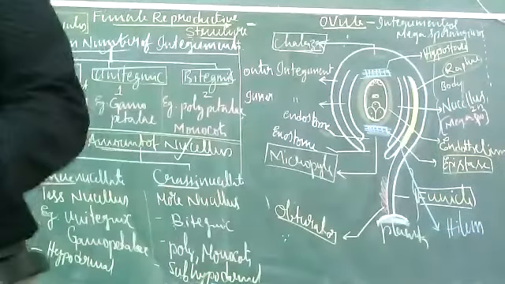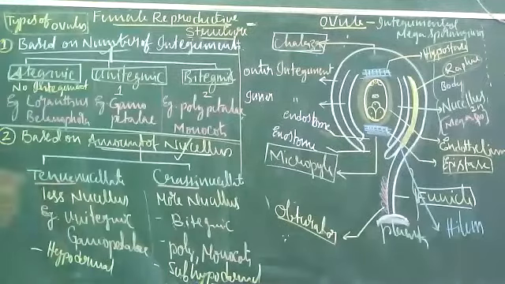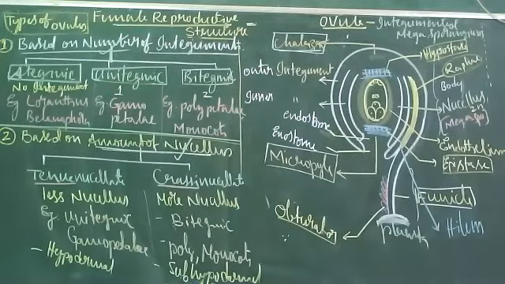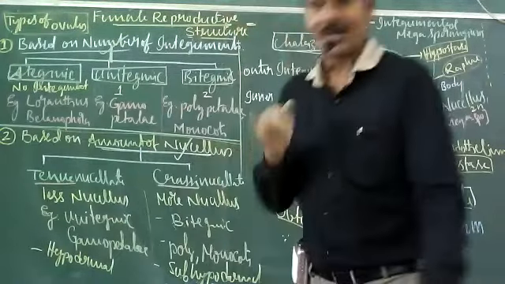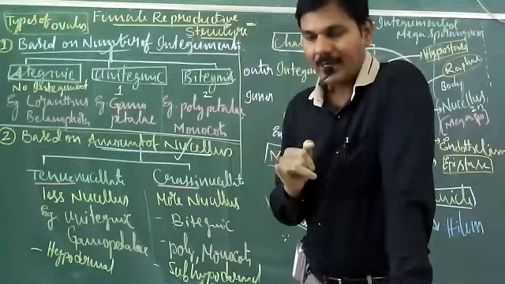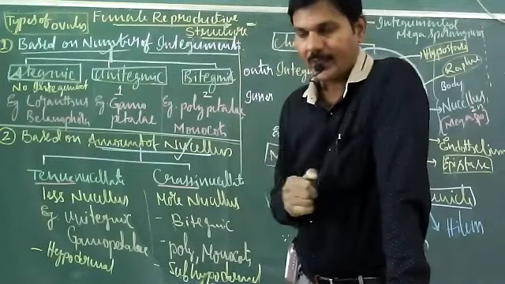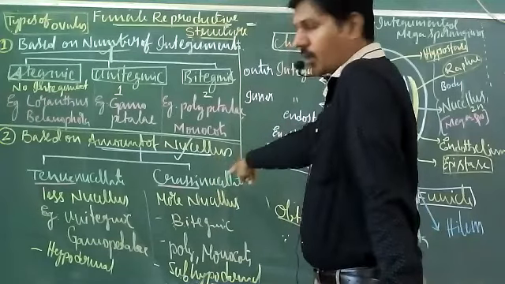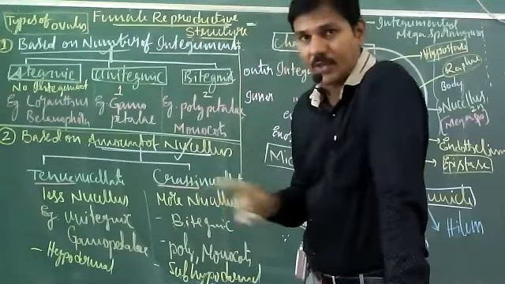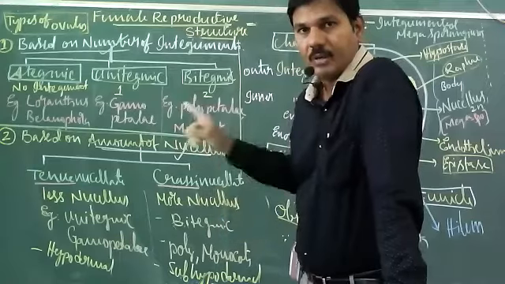Okay, it's 11:30. So, homework. Your homework is structure of ovule and the development of female gametophyte. This one, number 2, based on the amount of nucellus, is a 2 marks question for the board exam.